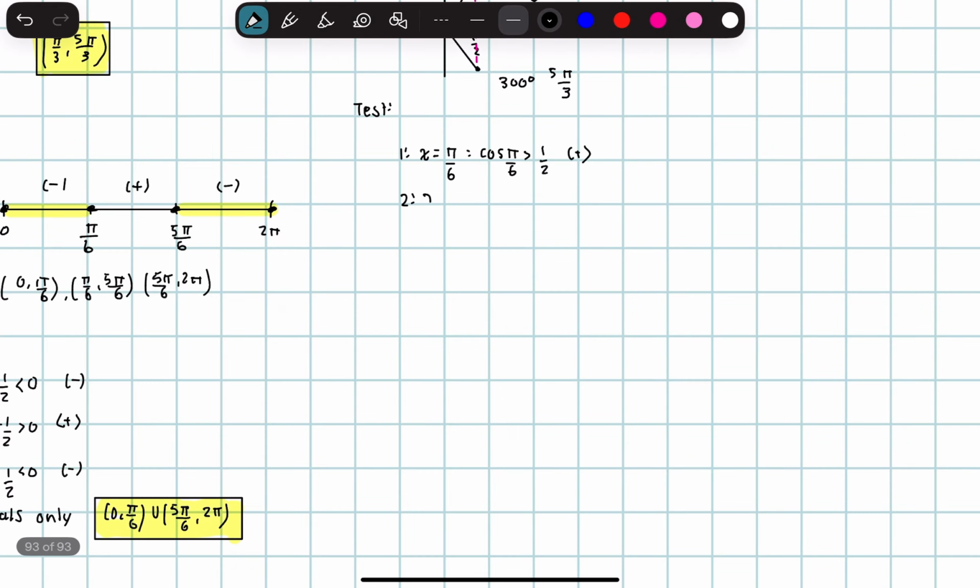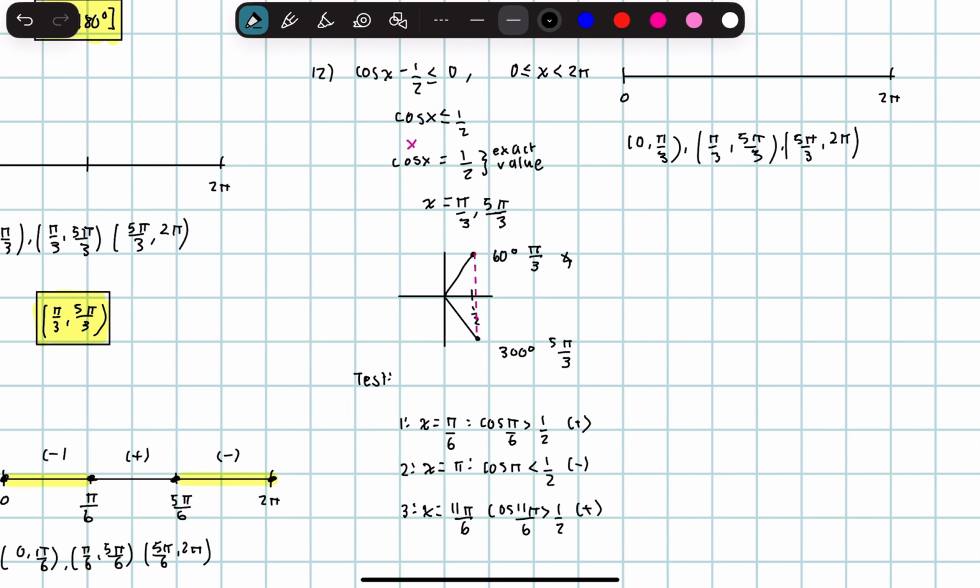And then we have x equal to pi, which makes cosine of pi less than 1/2, and that's going to be negative. And for the third interval we have x equal to 11 pi over 6, and cosine of 11 pi over 6 is going to be greater than 1/2. That's going to be positive.